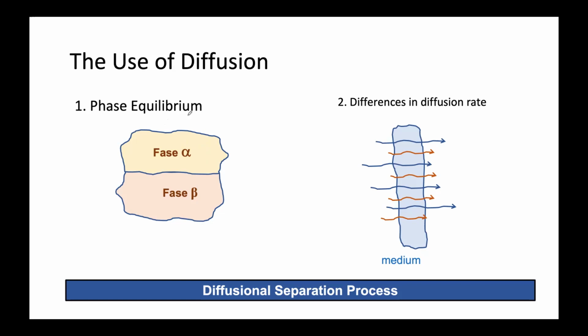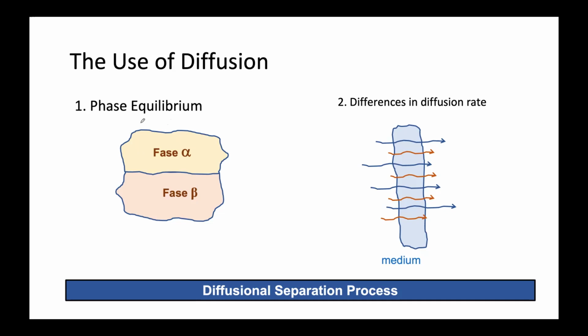Let's say, for example, I want to separate ethanol and acetone. So I'm going to put it into two phases, where we have a vapor-rich phase of alpha and also a liquid phase of beta.